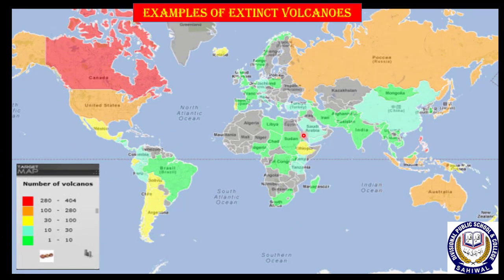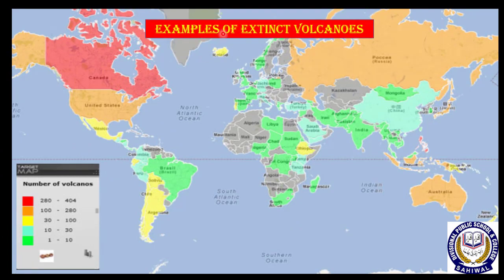Now we are going to discuss different examples of extinct volcanoes. There are so many extinct volcanoes in the world, but today we are going to discuss a few. First one is Palo, in the Philippine Sea. The second one is the Nut in Tasmania, Australia.